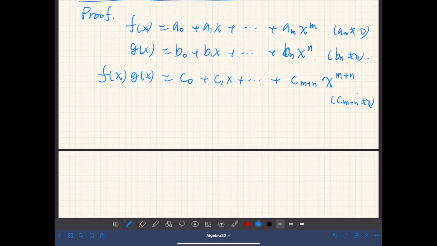Okay, now suppose a prime, let's say p, divides all of these coefficients.